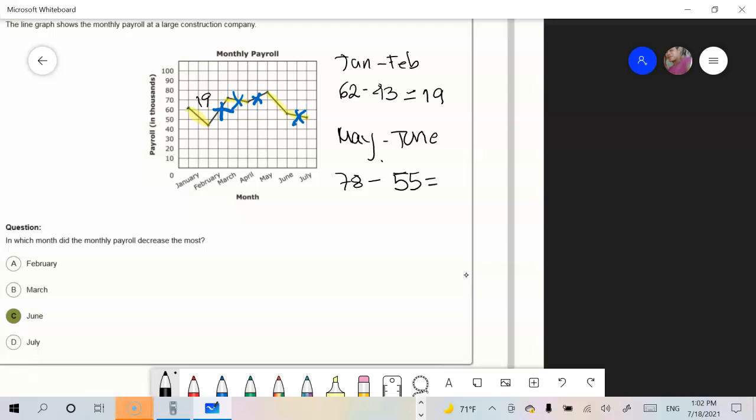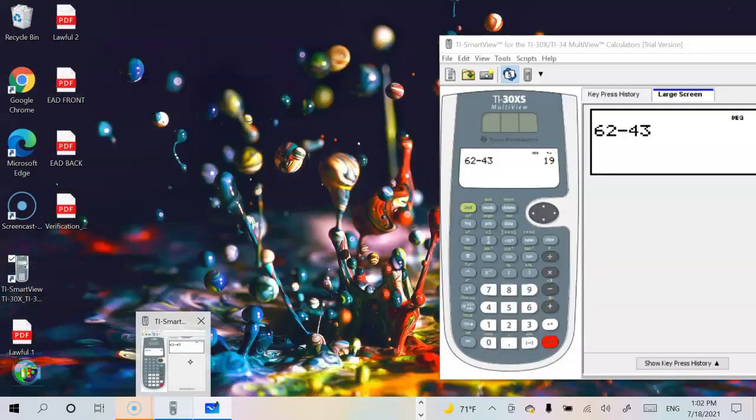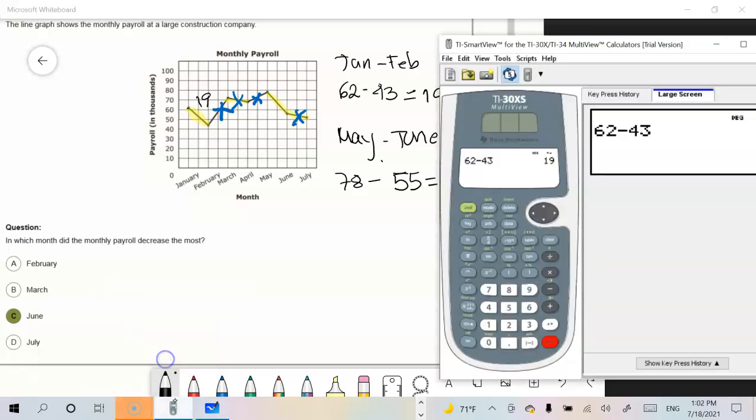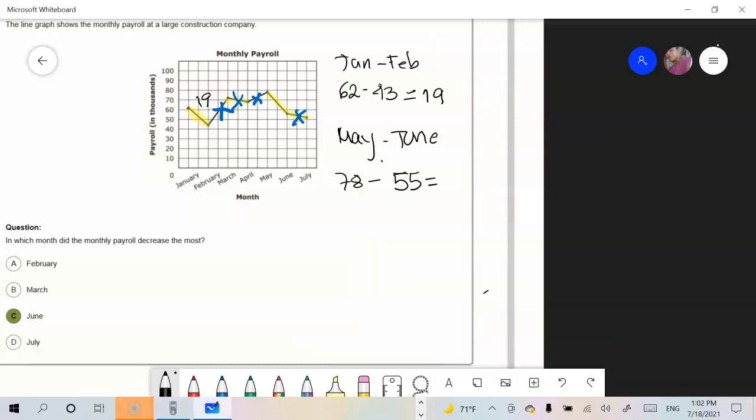Let's see how much that is. 78 minus 55 is equal to 23. So this line went down 23. I'm going to write it here: this is 23.